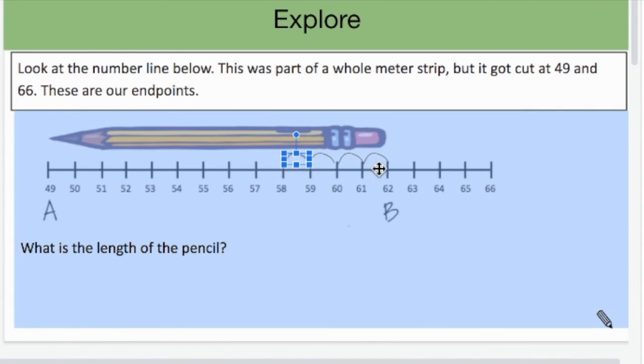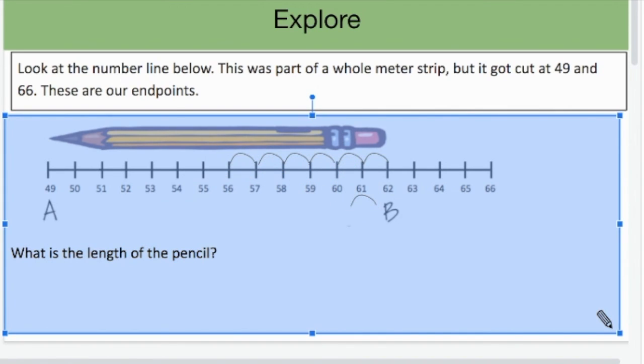All right, so far I made 1, 2, 3, 4 jumps back, and this meter strip is actually going by jumps of 1, not jumps of 10 like we did last time. So again, every number line is different. Some number lines will do jumps of 1, some number lines will do jumps of 10.